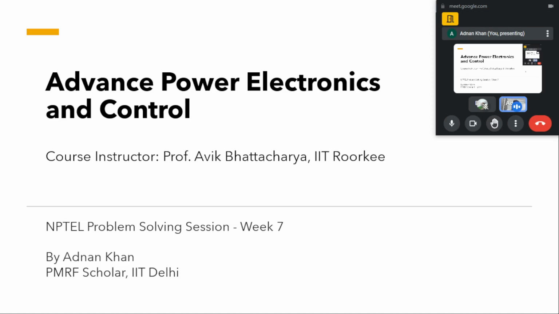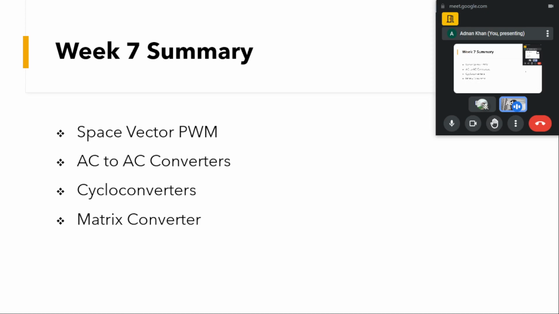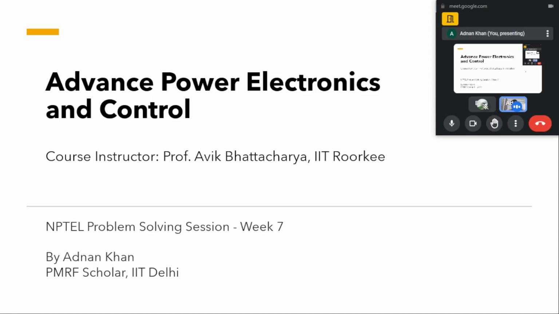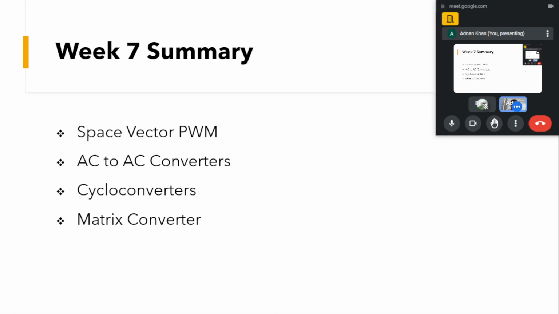Like every other problem solving session, firstly I'll be going through what has been taught in this week, having a brief overview of the different concepts taught by the sir, so that you could get an idea about solving different numericals. This is only to brush up what has been taught in this week.